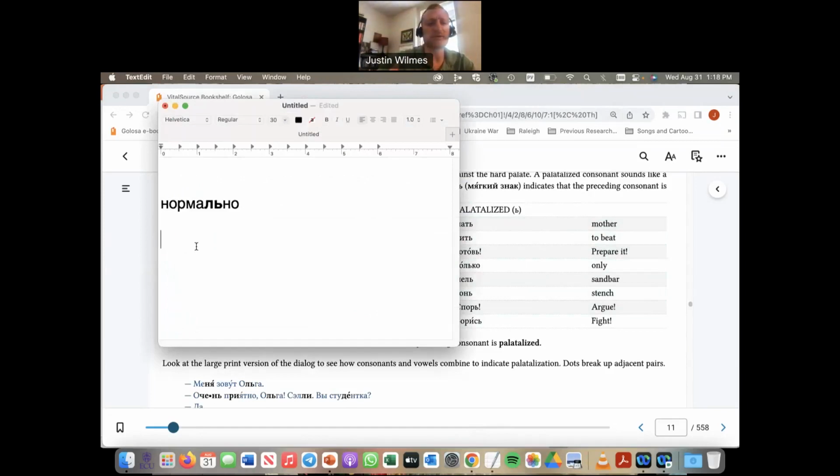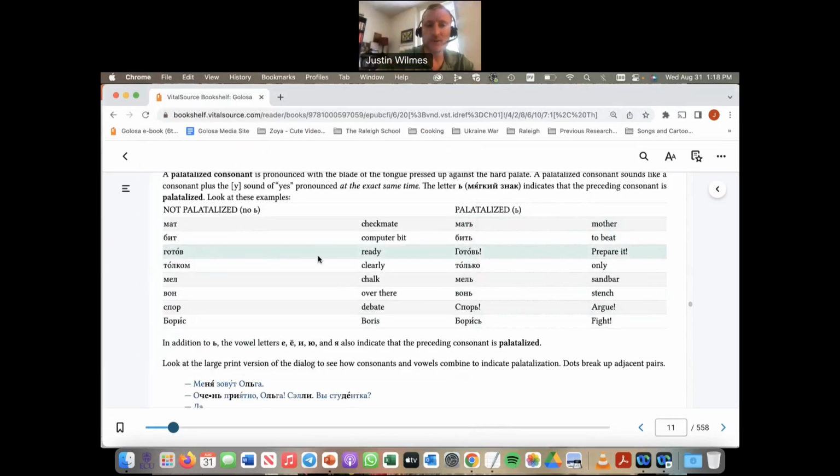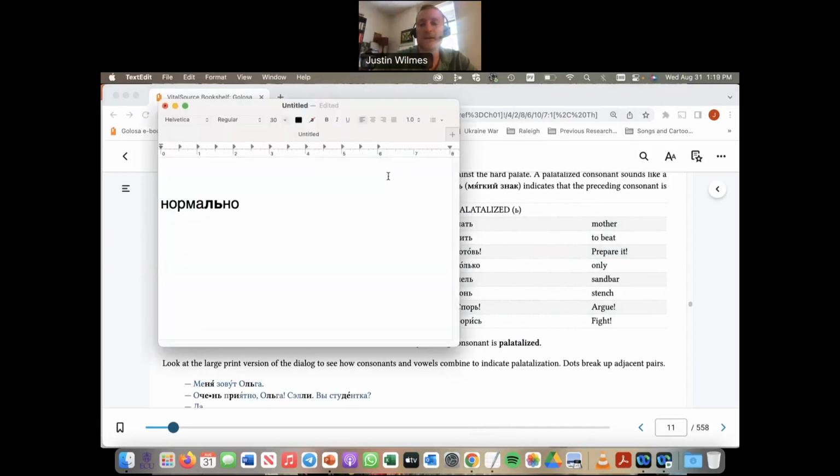So how do you do this? Maybe reread the book's explanation here. I think it's pretty good, talking about your tongue and how it should be positioned, but I'll give you my explanation. You're making the sound of the consonant, so L, right? If you say a normal L, not a soft one, you can feel that your tongue goes between your teeth.